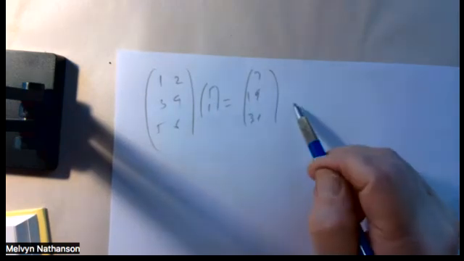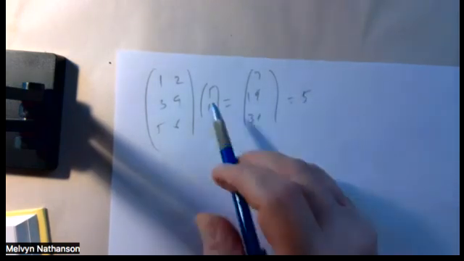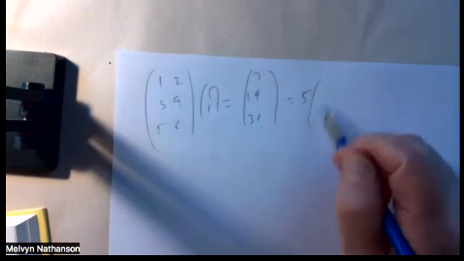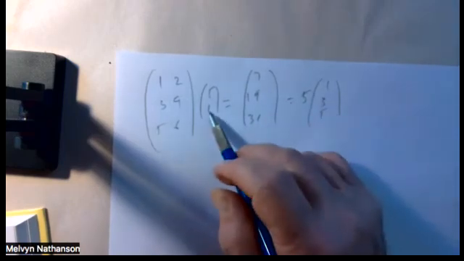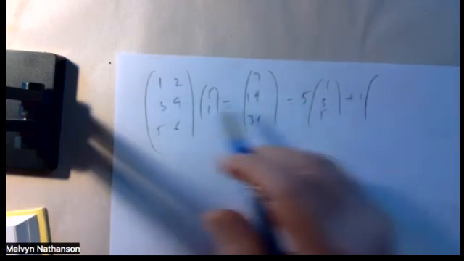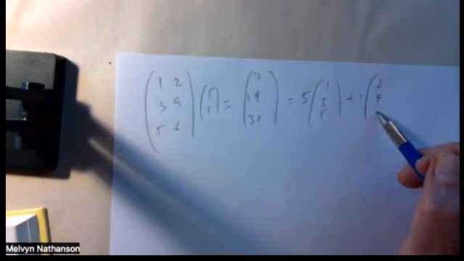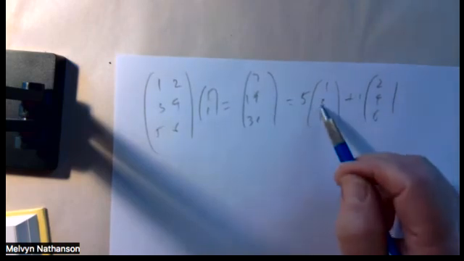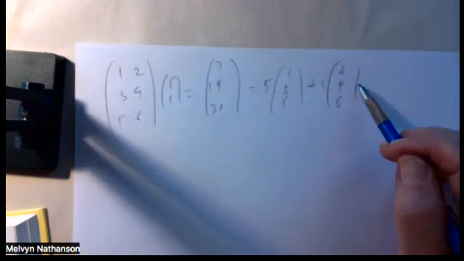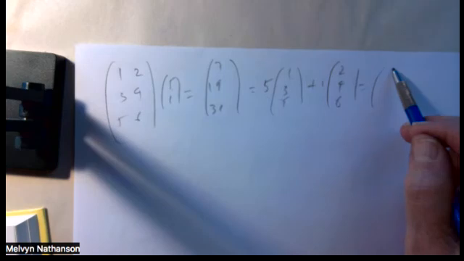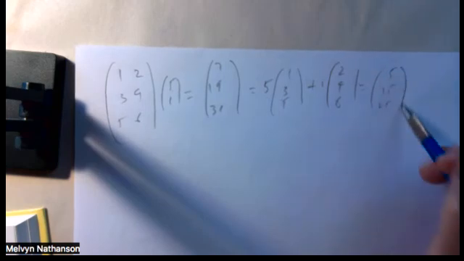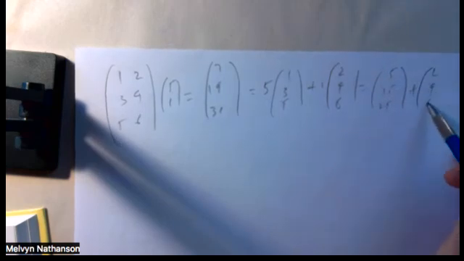But this is really the same as 5 times the first column plus 1 times the second column. Because 5 times the first column is 5, 15, 25 plus 2, 4, 6. That's exactly this.